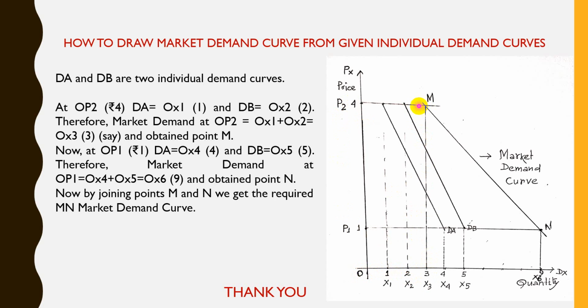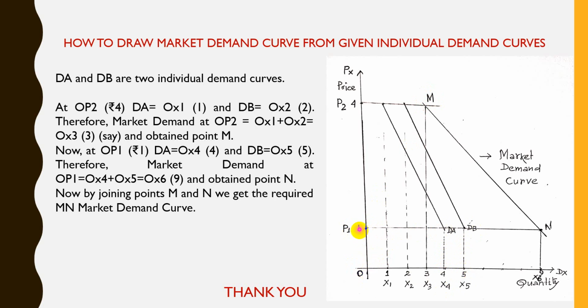The market demand at OP2, or at 4 rupees, will be 3, and we have obtained the point M. If we extend the price line and the quantity line, we get a point here, and that point we have denoted as M. Again, at OP1 price, A's demand is 4 units, that is OX4, and B's demand is 5 units, that is OX5.